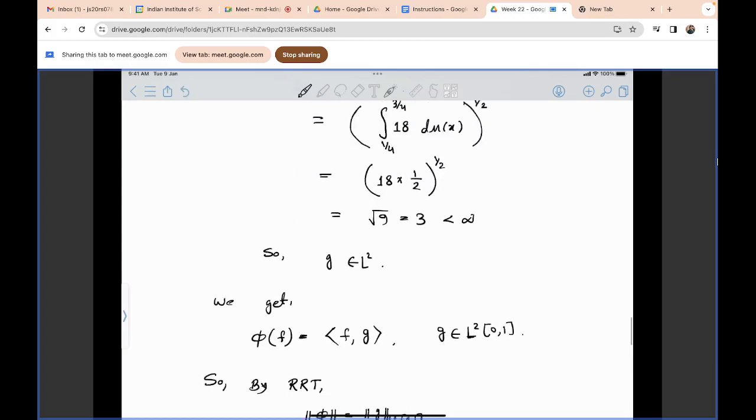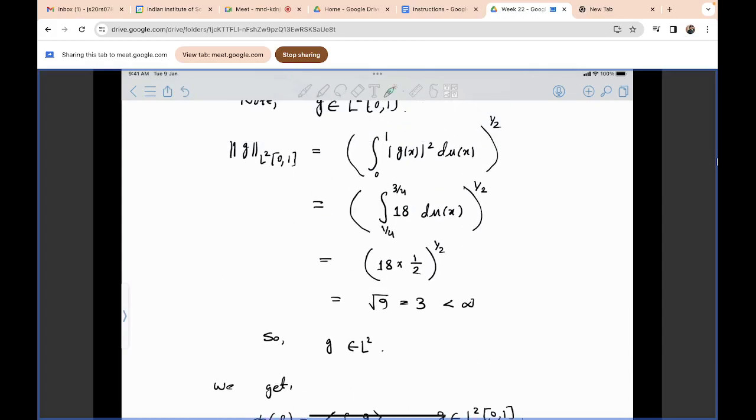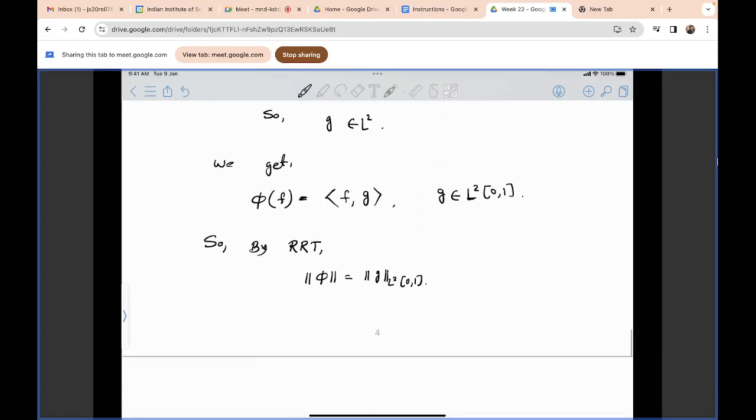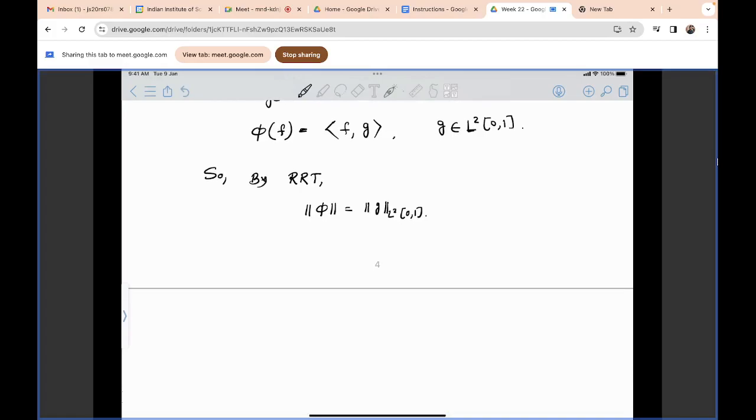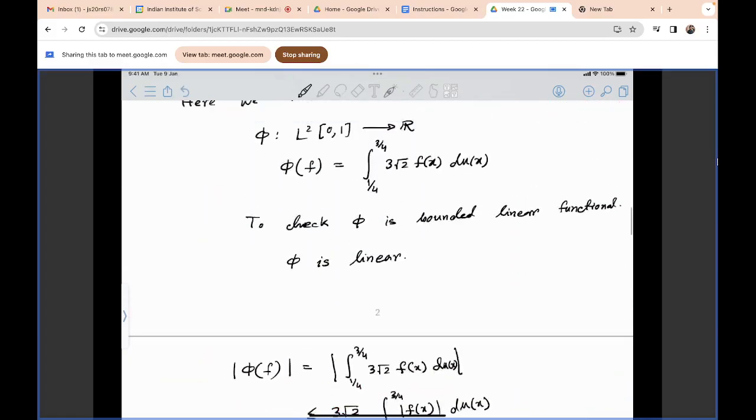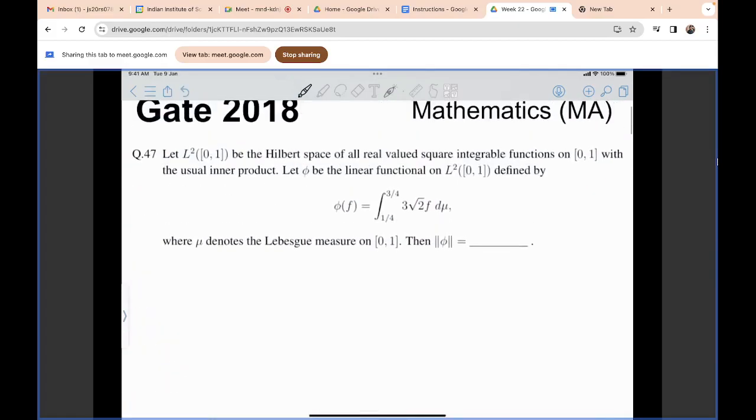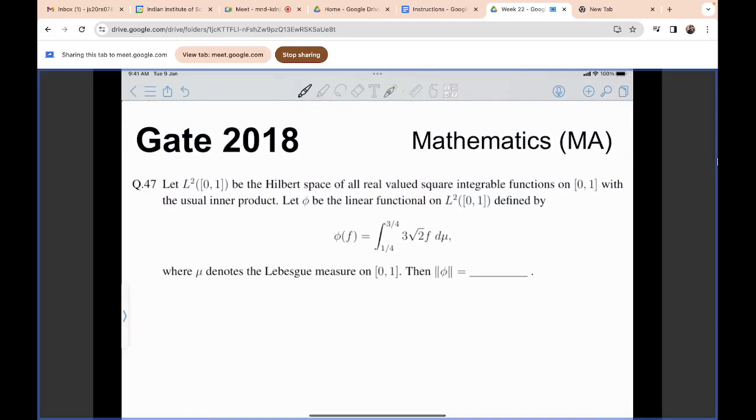And we have calculated this L2 norm of g, which is 3. So therefore the norm of P is 3. Okay, so 3 is the correct answer.